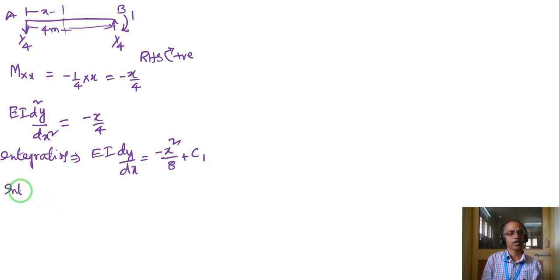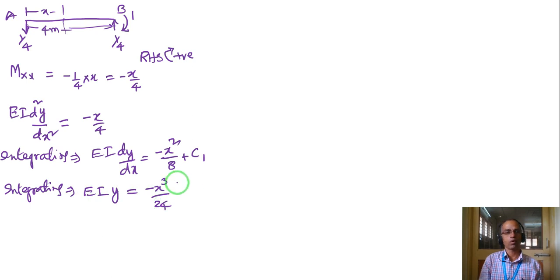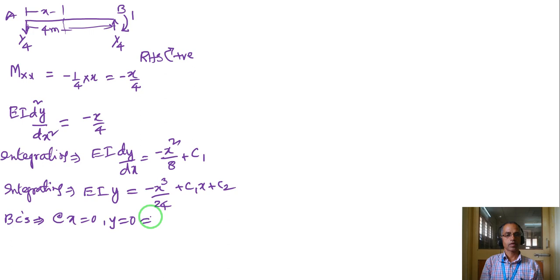Then integrating one more time, EI y is equal to minus x cube by 24 plus c1x plus c2. Okay. Now applying the boundary conditions. What are the boundary conditions? Look here. Support A has a support, right? B also has a support. So at x equal to 0, y equal to 0. Substituting in this, C2 will be equal to 0.